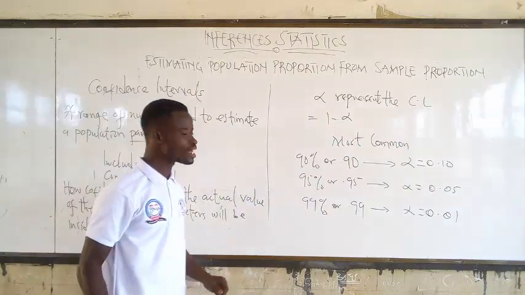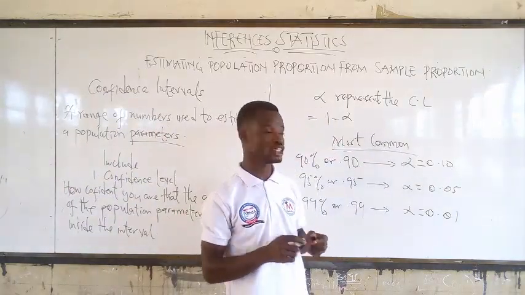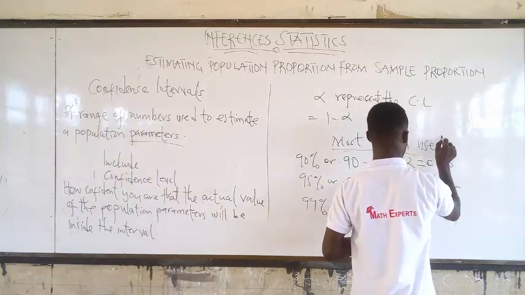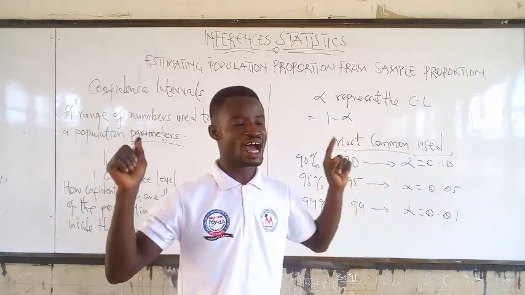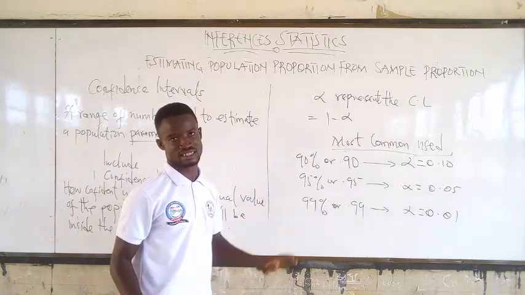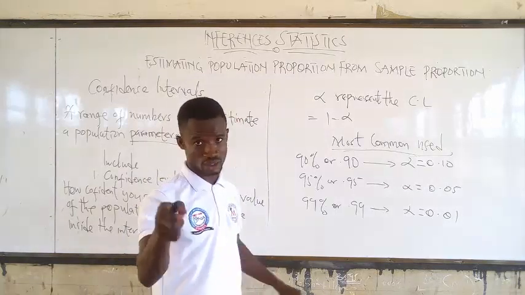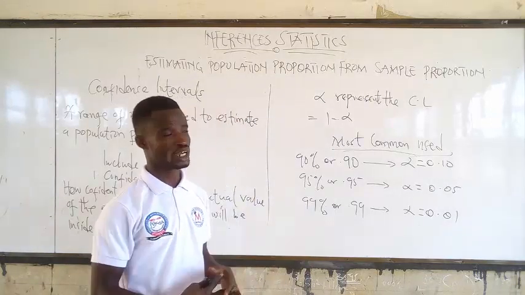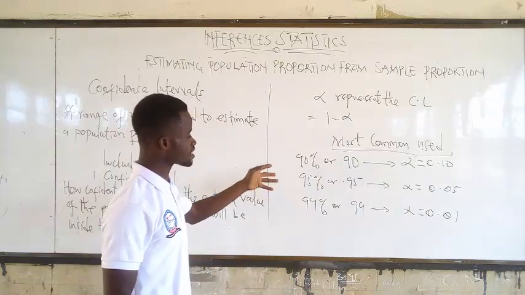Okay, so these are the most commonly used. When you check most questions, the most common alpha level they use is this. That's what I would like to let you know so that it will help you in your workings. You can get 80% though, you can get 70%.